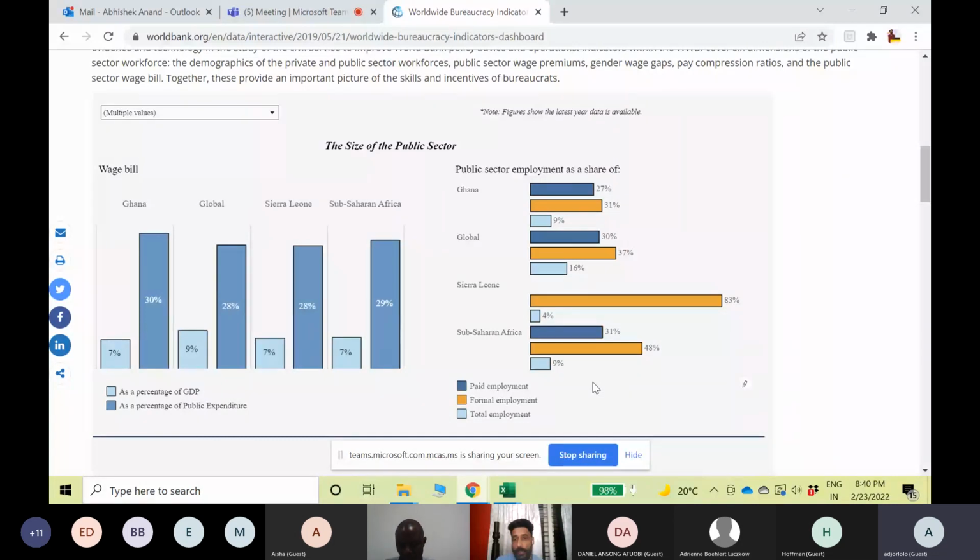If you focus on Sierra Leone, where we are only looking at formal sector employment because the other number is not available, almost 83% of all the people who are employed are in the formal government sector, which basically means that the private sector is not present there.